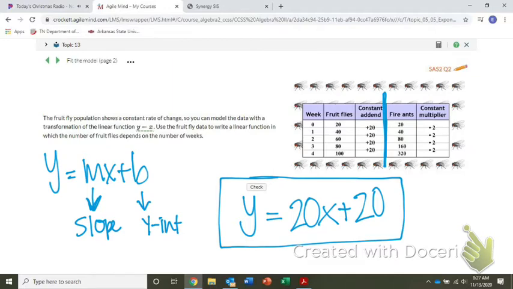Now, what would x be considered? Would x be considered my week or my number of fruit flies? My week. So I have to plug in my weeks in order to get out my population of my ants or my flies. Okay?